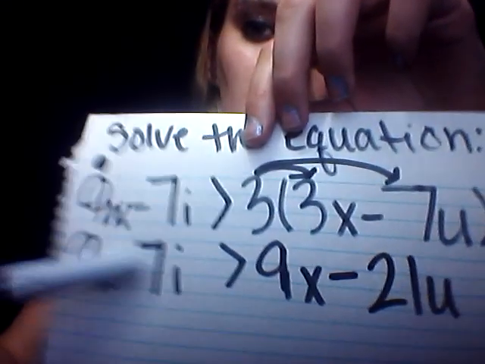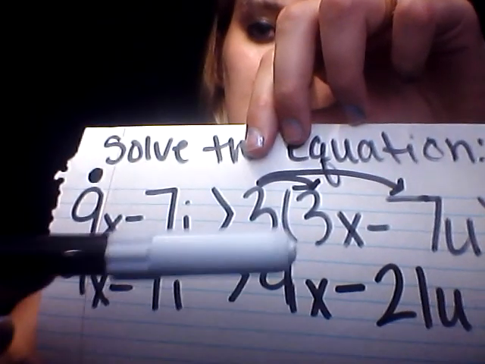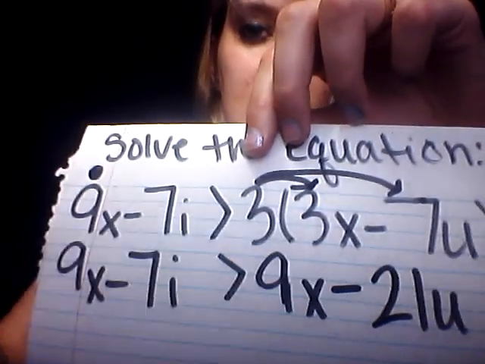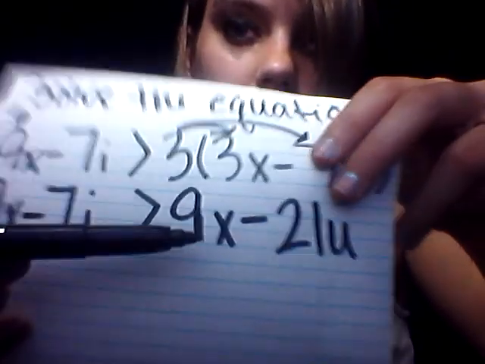Okay, so we have this. Now if you see, we're left with the same numbers on each side. What we want is to get this x and this x completely wiped off of our equation. So what we're going to do is the 9x on this side, we're going to subtract it from each side of the greater than sign. So we're left with the problem that looks like this.